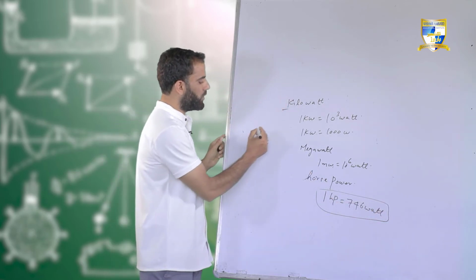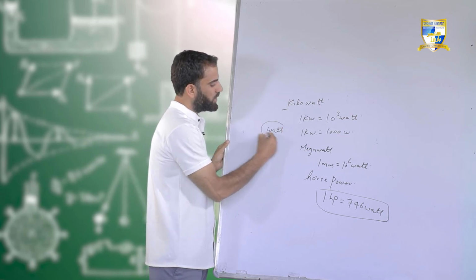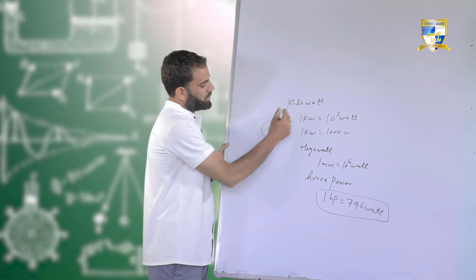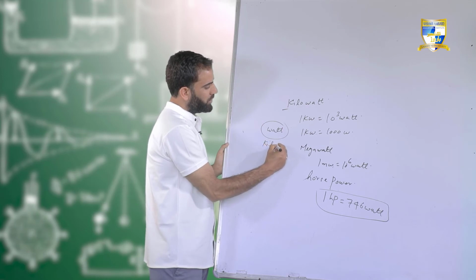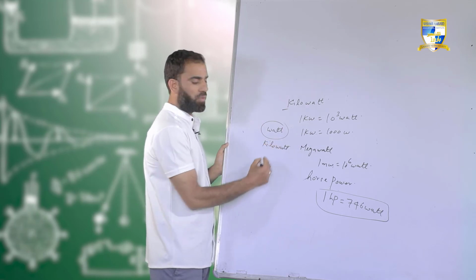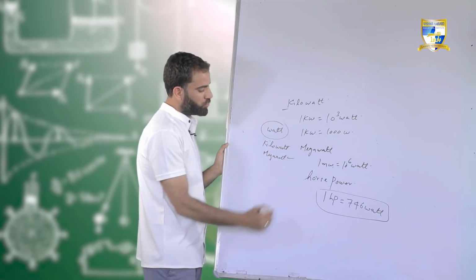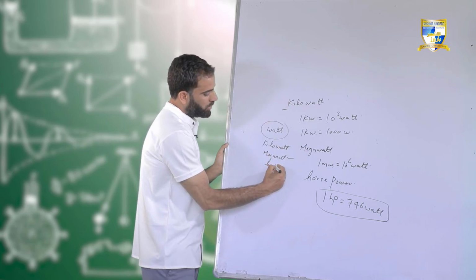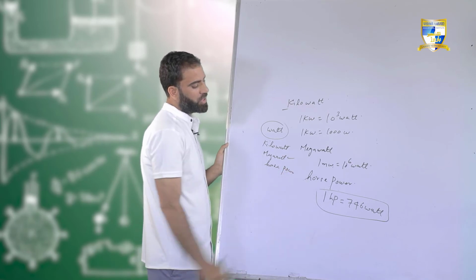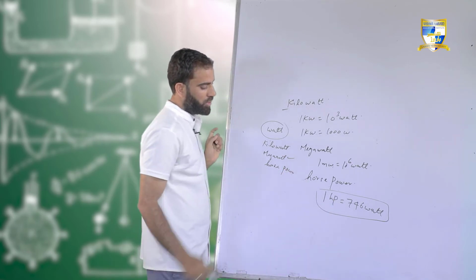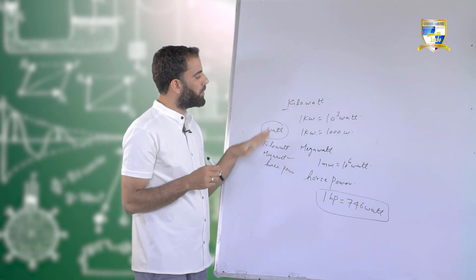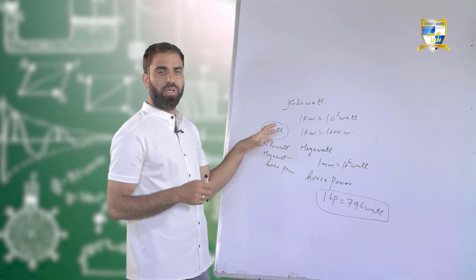The first one is watt, which is the basic SI unit. Then there is kilowatt, which is a bigger unit, and megawatt, another bigger unit. There is one more, horsepower, which is 746 watt. So these are the different units in which we calculate power.